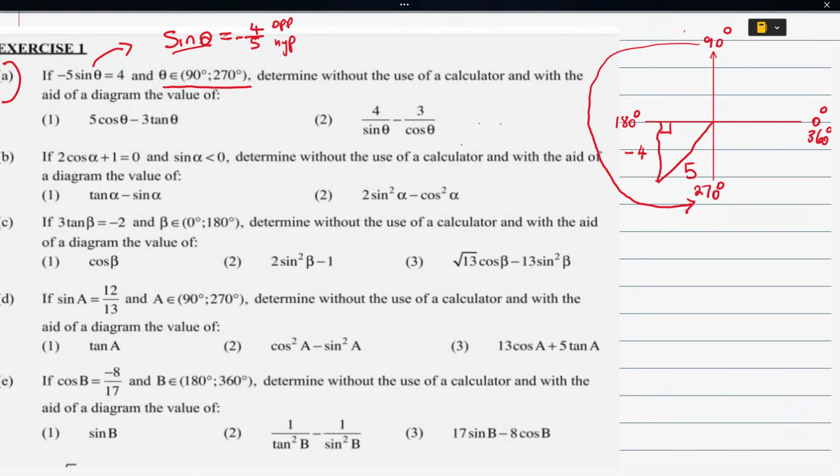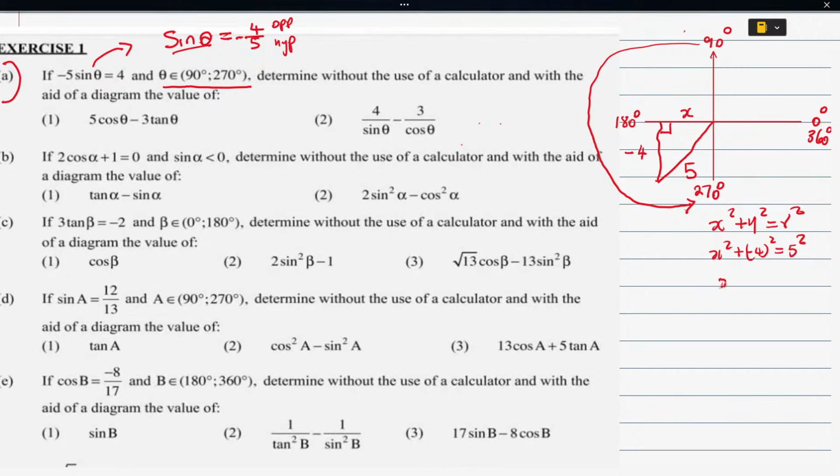Okay, so what are we going to use now to find the other sides? Because remember, there are sides which you need to be able to get. So this is x. Use the theorem of Pythagoras. So you are going to say x squared plus y squared is equal to r squared. Therefore, x squared plus minus 4 squared is equal to 5 squared.